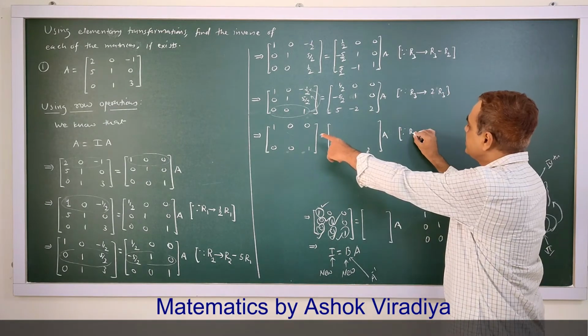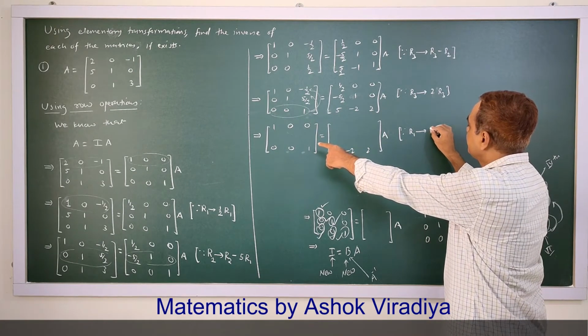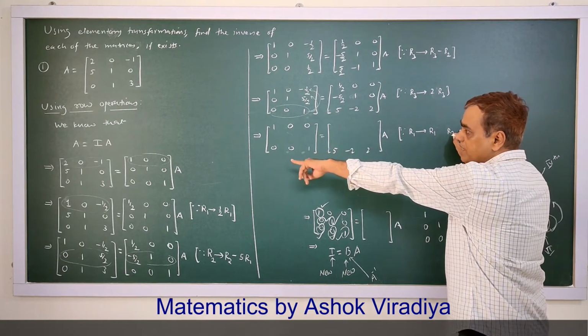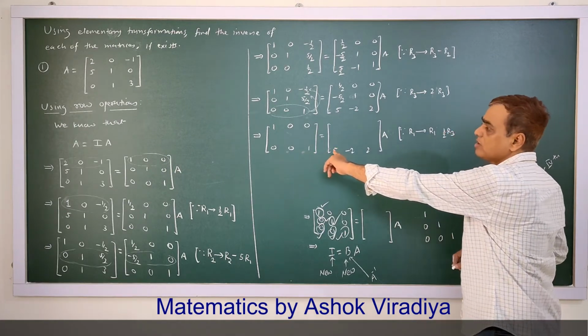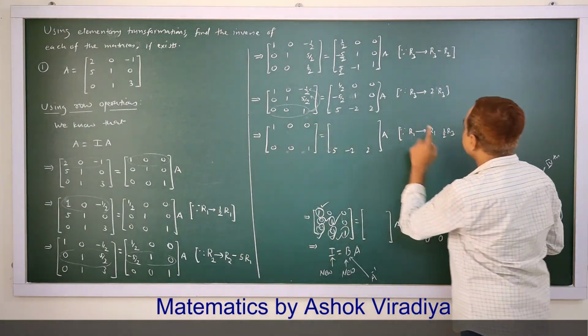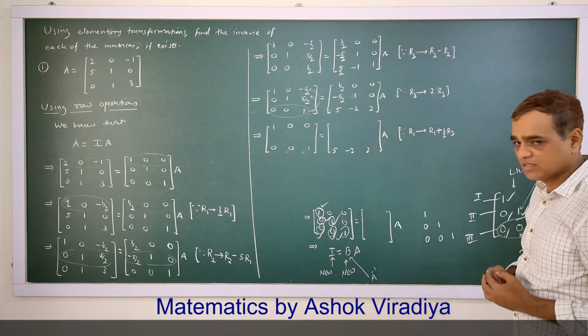What is done? We have changed the first row. In the first row, what is done? In the first row, the third row is multiplied by 1 by 2 and the product is added in the first row. So the first row is changed.